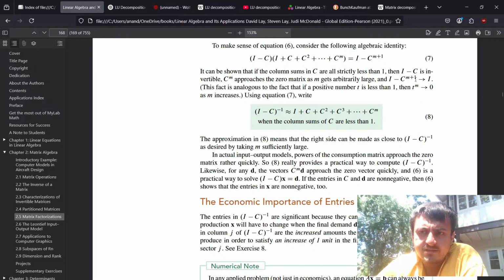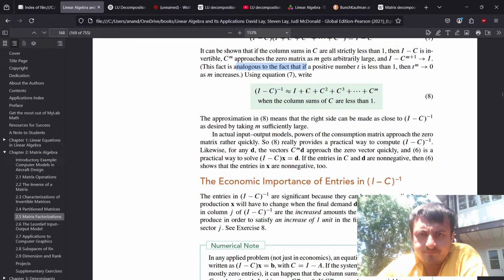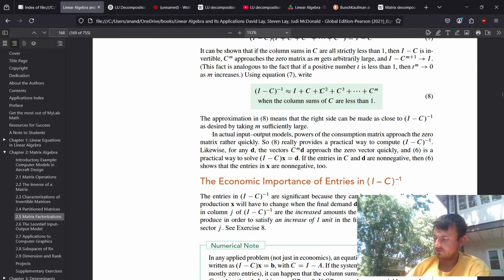So I minus the zero matrix is I. Okay, so then you end up with I minus C inverse is equal to the sum from 0 to infinity, I guess, of C to the M.